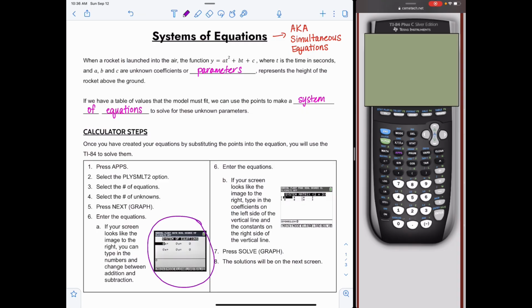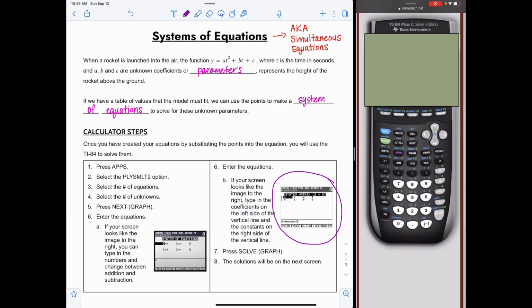If your screen looks like this, you are going to type in the coefficients. Remember, coefficients are numbers that are in front of your variables. Your coefficients are going to go on the left side of the vertical line, and the constants are going to go on the right side of the vertical line. The vertical line symbolizes the equal sign.